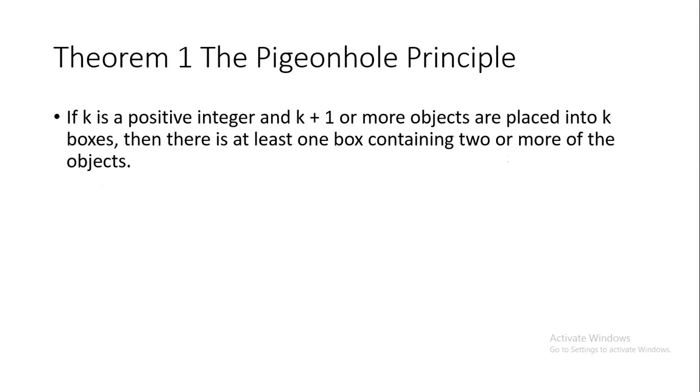Understood? So using this introduction, we can say that the theorem of the pigeonhole principle is like this. If k is a positive integer and k plus 1 or more objects are placed into k boxes, then there is at least one box containing 2 or more of the objects.